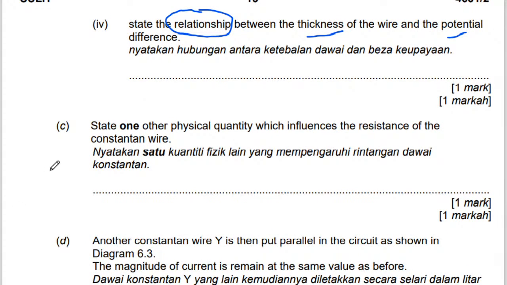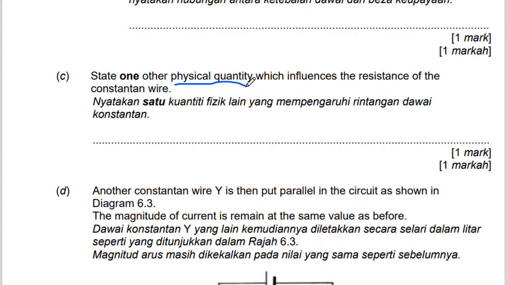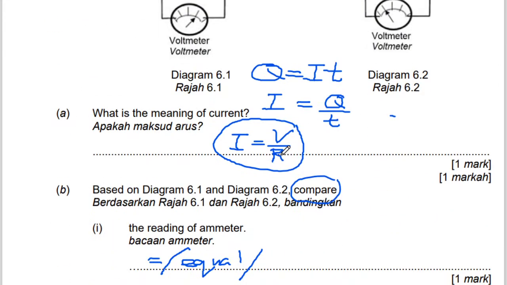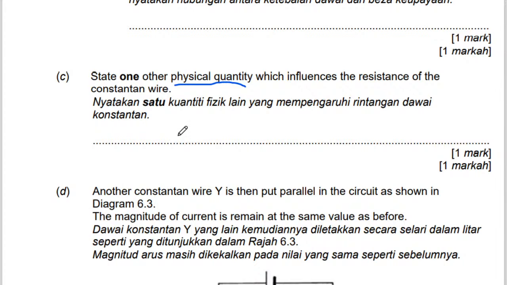State one other physical quantity which influences the resistance of the constantan wire. One other physical quantity. What is a physical quantity? Quantity that can be measured. One other, because here we are talking about thickness, which means the diameter, the cross-sectional area of the wire. So, yes, correct. Length, betul. Ada jawapan lain? Temperature, correct.